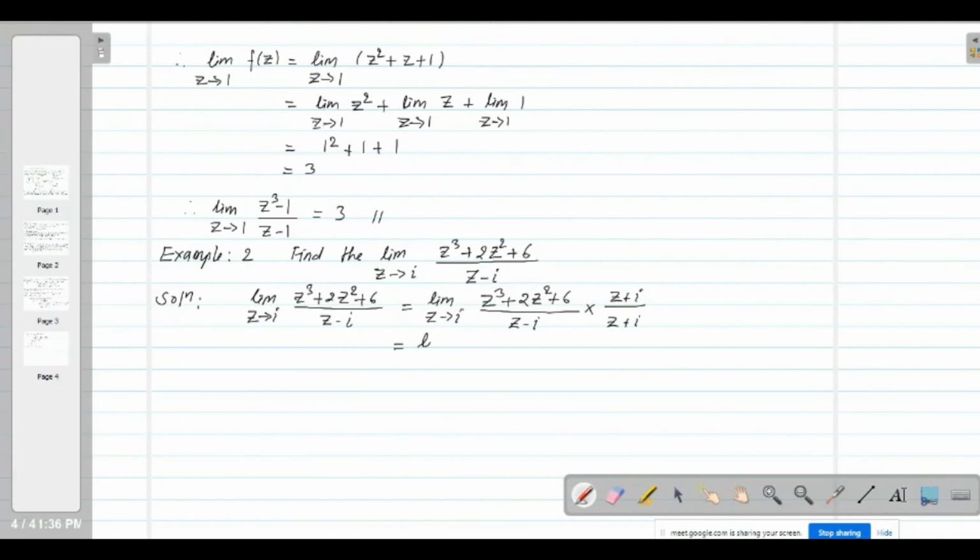So we'll have limit z tending to i of (z cubed plus 2z squared plus 6) into (z plus i), and divided by, if you multiply here, z squared minus i squared. Why is this so? Since we know that a squared minus b squared is (a minus b)(a plus b).